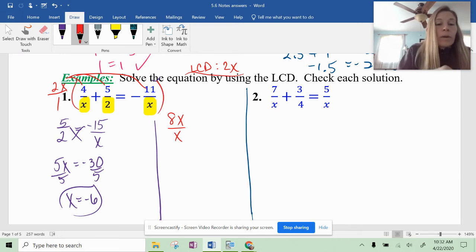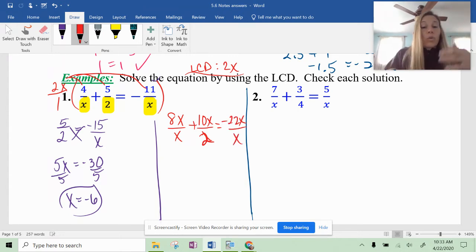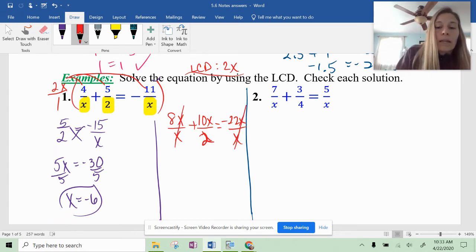Then when I multiply 2x times 5, I get 10x over 2. Sorry. And then when I distribute it to the third one, I get negative 22x over x. But of course, and you could have done this in your head on the first step, these x's cancel. These x's cancel, and 10 divided by 2 is 5. So you really end up with 8 plus 5x equals negative 22.